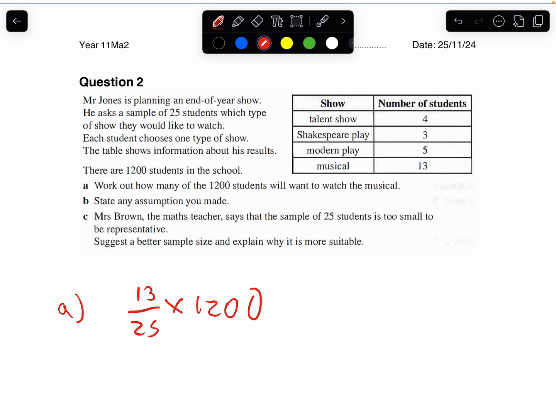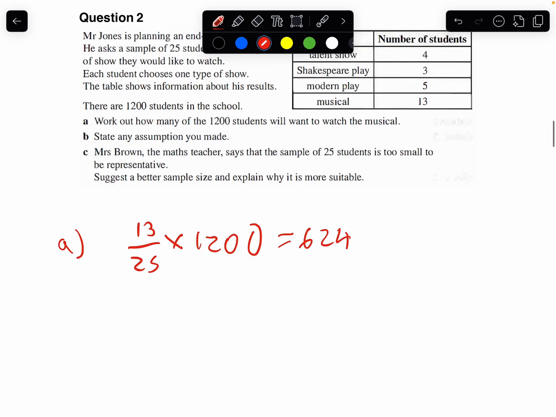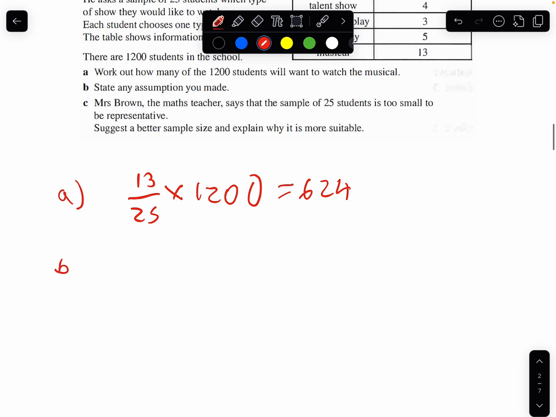Let's type that into a calculator. 13 over 25 times 1,200 gets me 624 students. That's a strange looking number. 624 students.